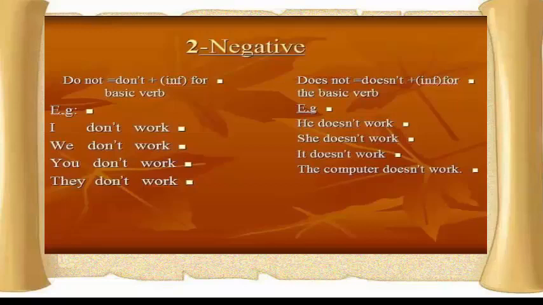But when the subject is he, she, or it, we need to use does not. When we shorten it, we make it doesn't, instead of does not. We need to put does with he, she, it, or any singular noun. Repeat after me.